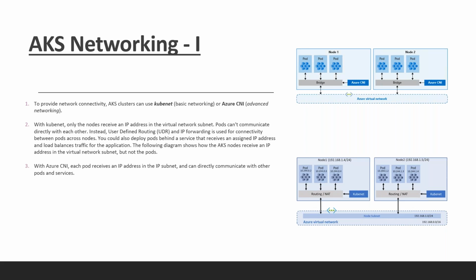If you look at the lower diagram, if pod 10.2.4.2 had to communicate with pod 10.244.1.2 on node 2, it will be done through NAT and routing via KubeNet, and then that traffic passes through the virtual network layer, the destination is detected as the other node, and there it goes to the NAT of the other node, and the traffic reaches that destination pod.